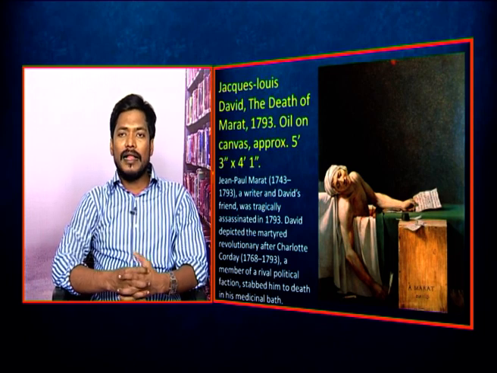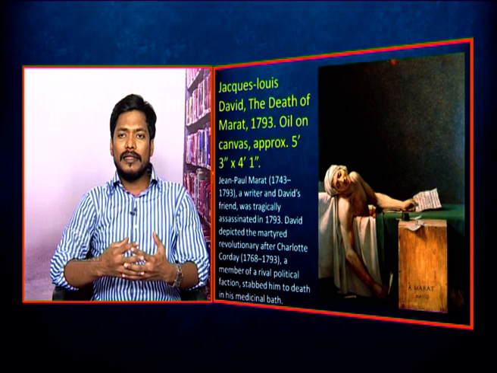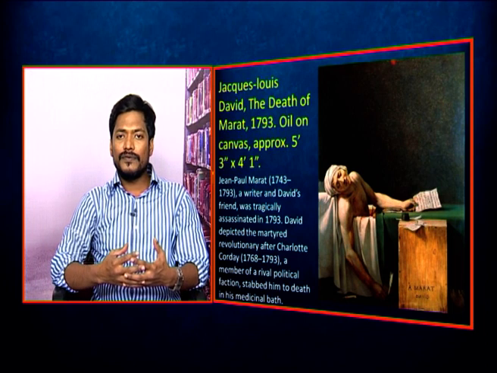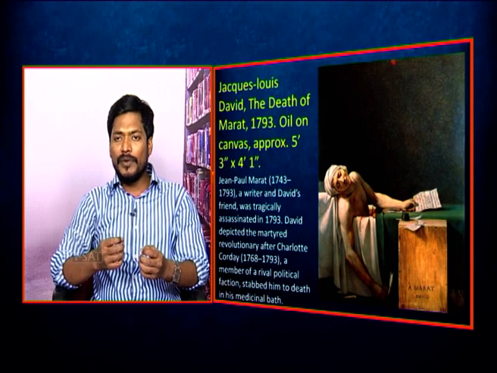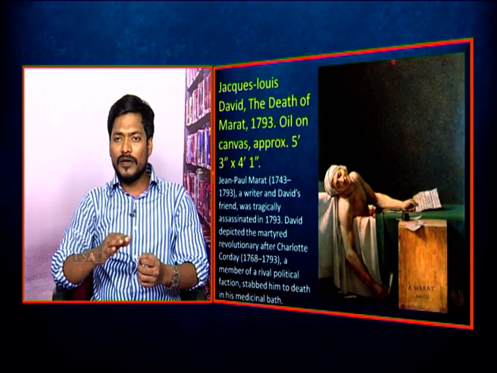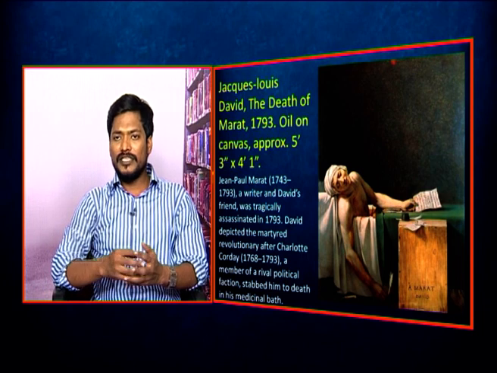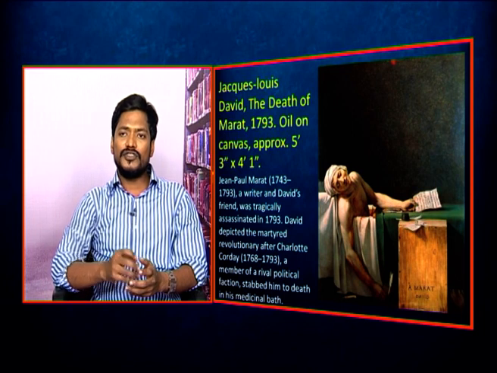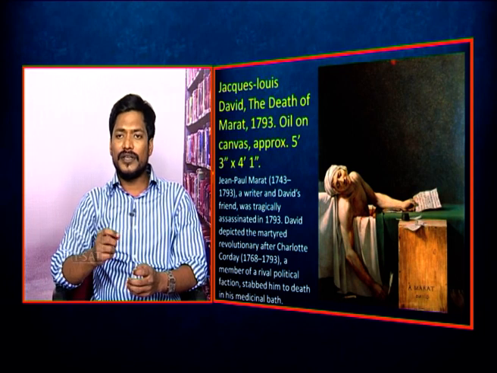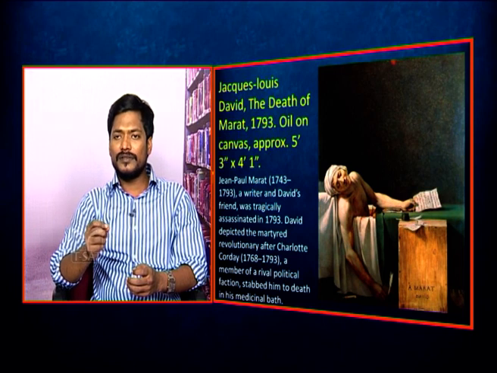The painting shows as if she has just killed him, and you can see the knife with blood stains lying on the floor. You can see he's been stabbed, and he has written just a letter, and he's holding the stylus.